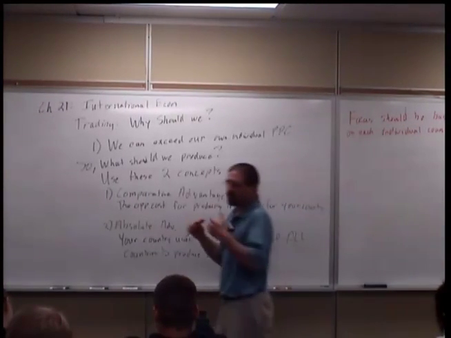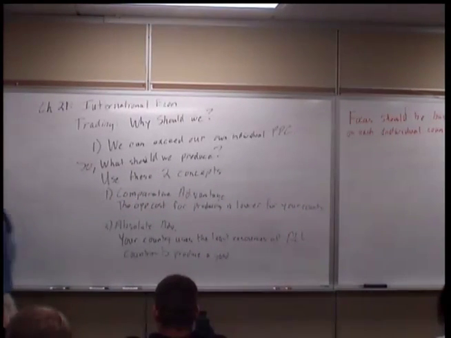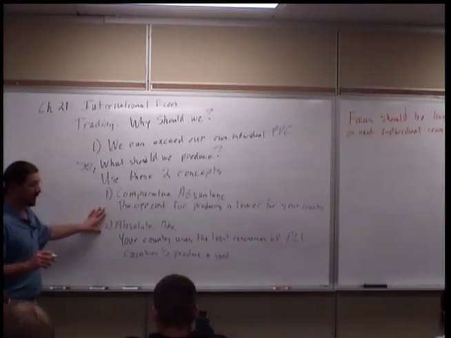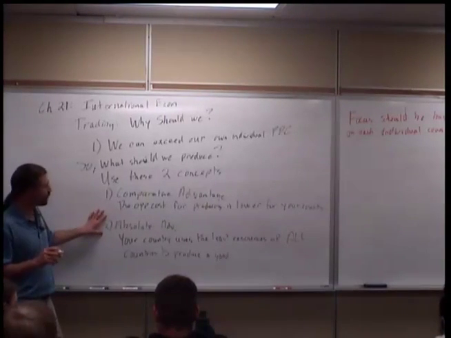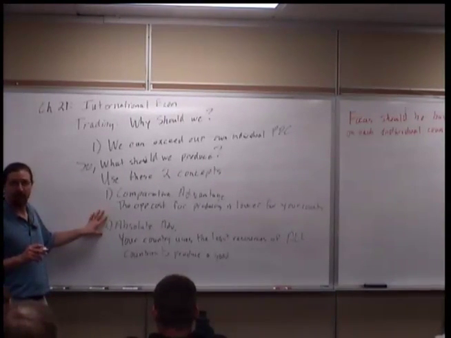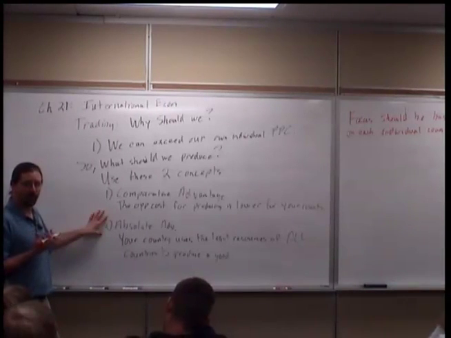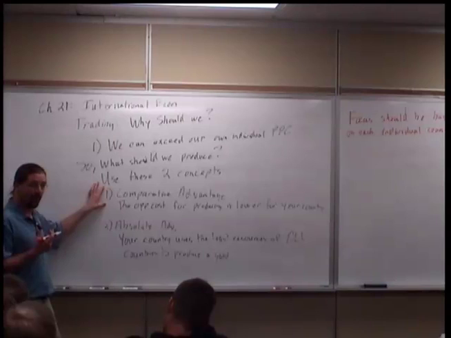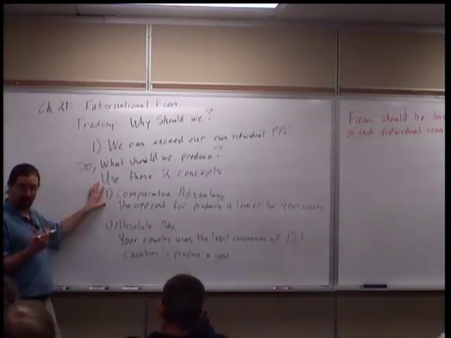So if you are going to trade with Japan, and Japan has an absolute advantage in producing steel, like it does, one of the best producers of steel right now is Japan. We can produce steel, and we still produce steel for some countries because we have a comparative advantage for them, like, say, Mexico.